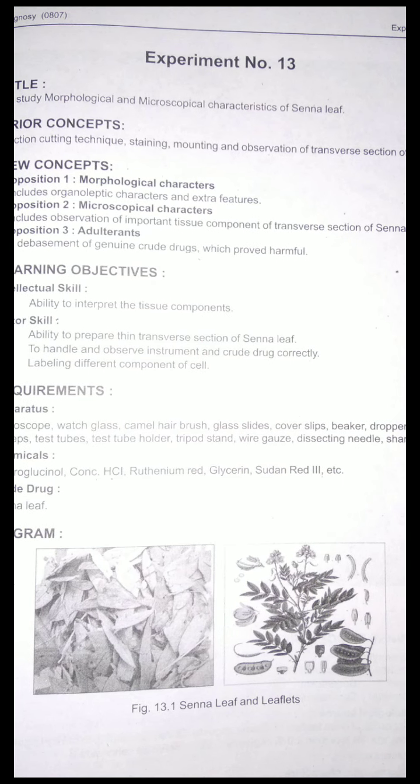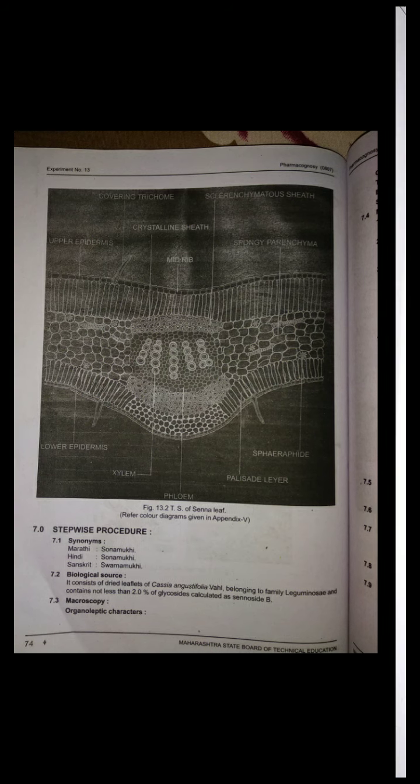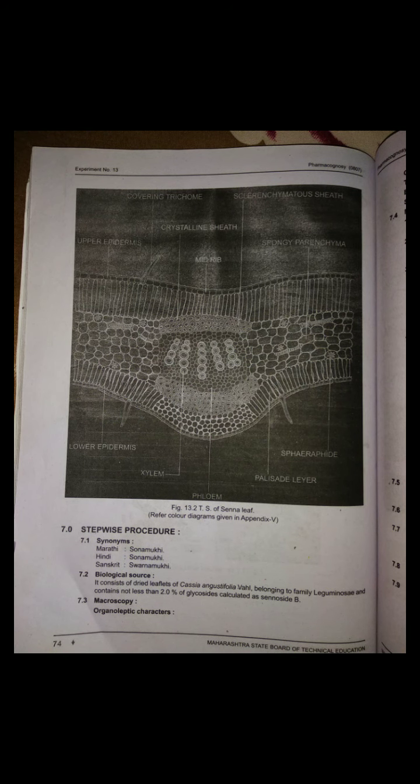Here are the diagrams of the senna leaf and leaflets. Here is the TS, transverse section, of the senna leaf. In the TS of the senna leaf, the upper epidermis and lower epidermis are present. Covering trichomes are also present.